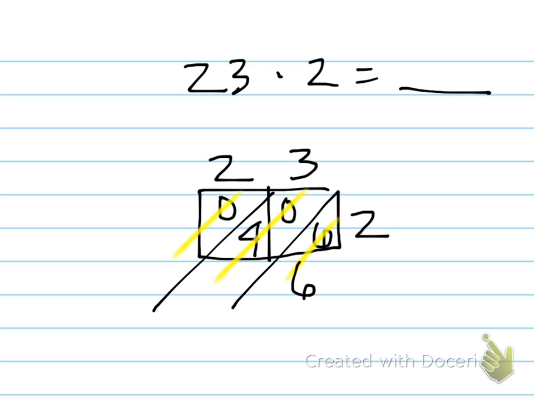So 6 plus nothing is 6. 0 plus 4 is 4. And then 0 plus, well, nothing is 0, so you don't need to write it in the front of the number. Check your work. Seems to look fine. 46. 23 times 2 is 46. Remember that.